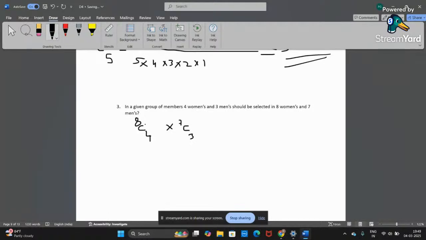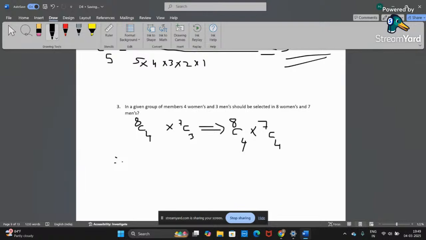This we can write as 8 minus 4, it is 4. So we will get the same 8C4. Again, 7C3 we can write as 7C, how much? 7 minus 3, it is 4. Now let's solve.